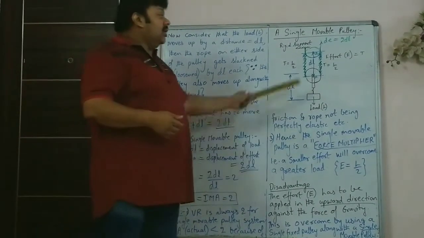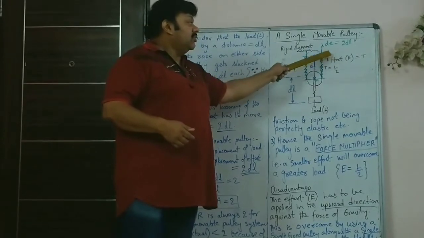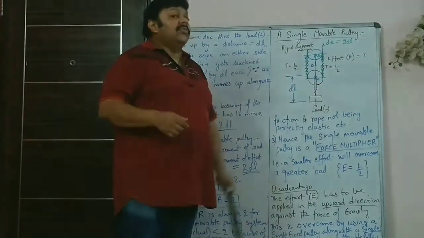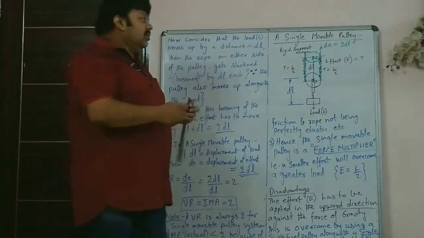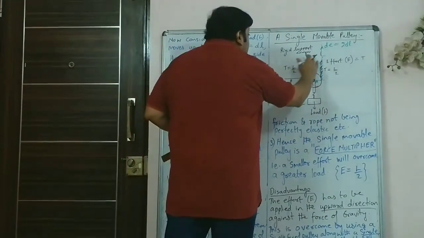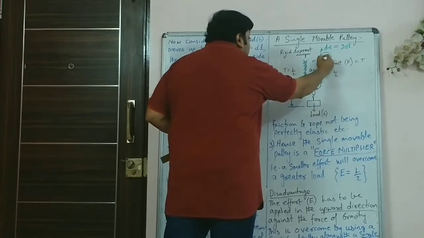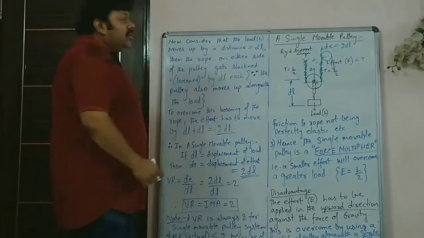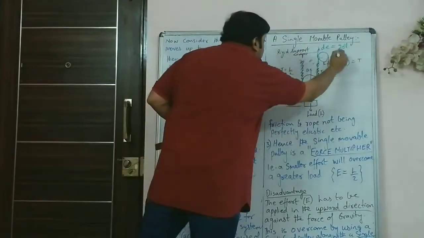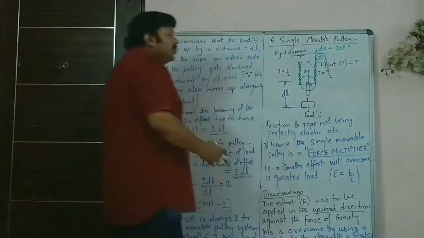Only the effect will be when you add a single fixed pulley here, and the effort can be applied in the convenient downward direction. So it is as good as this. Here you have kept a pulley, the rope passes through that, and then you are applying the effort downward. This pulley also is attached to the fixed support here.